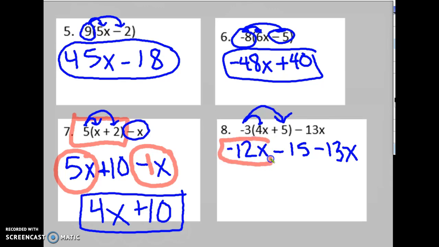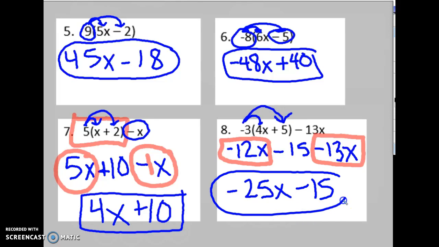I have one item here that has an x variable, and I have another item here that also has an x variable. So I need to put together the negative 12x with the negative 13x, and when I combine those, negative 12 minus 13 gives me negative 25, and those are x's, so negative 25x. I have nothing to combine with the minus 15, so I write minus 15 at the end, and now I have a completely simplified problem.